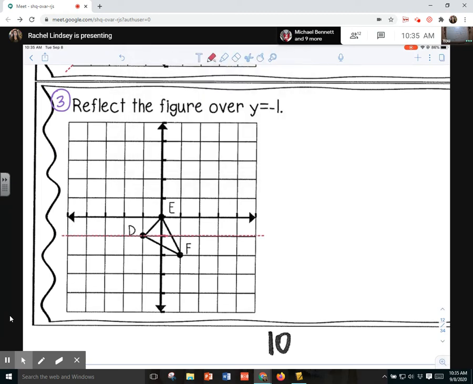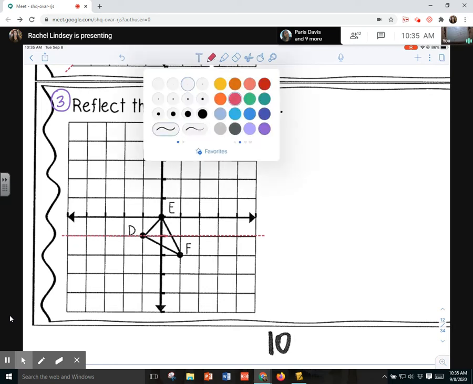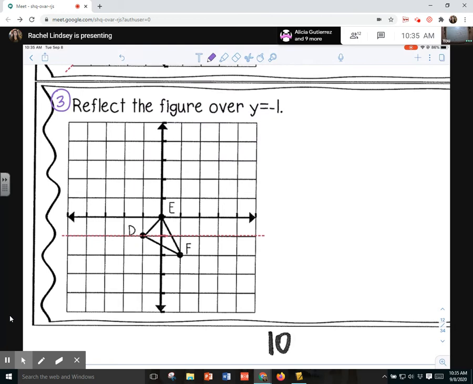So remember, there's not a rule for when you reflect over y equals -1. So instead of writing out my coordinates like I did a second ago, I'm just going to look at how far above or how far below the starting point is. So D is on the line, right? So it's 0 above or 0 below. So that means it's going to stay right where it's at. It's going to move 0 units. So there's D prime. Stays right where it's at.